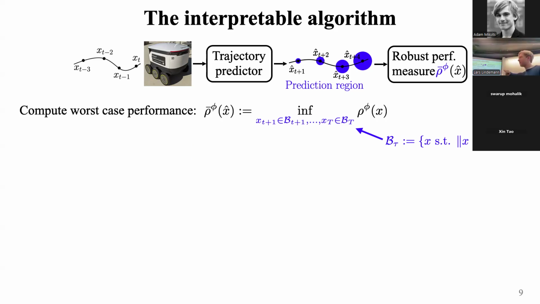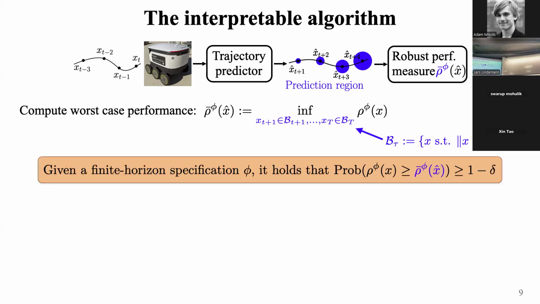For temporal logic specifications, it's maybe more complex. We'll talk about this in a second. But assume that you can compute this. Since you're capturing all the states in your prediction regions, it follows directly that this worst case performance measure is a lower bound for the true performance that you don't know yet, with a probability of 1 minus delta. Okay, it follows immediately. And again, if you have a convex performance measure, you can compute that directly.